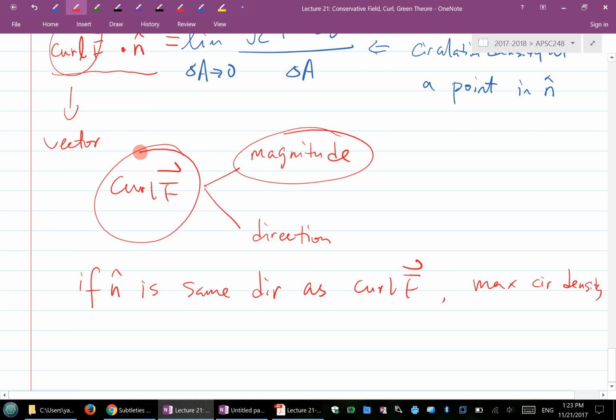So what the curl f tells us is all about the circulation, or the rotational information at a certain point. The magnitude gives us the maximum rotation, the maximum rotational speed. And the direction tells us which direction has the maximum rotation.